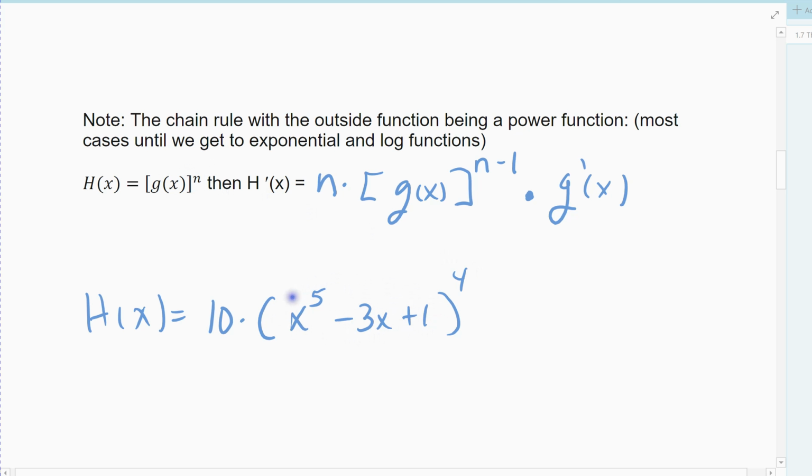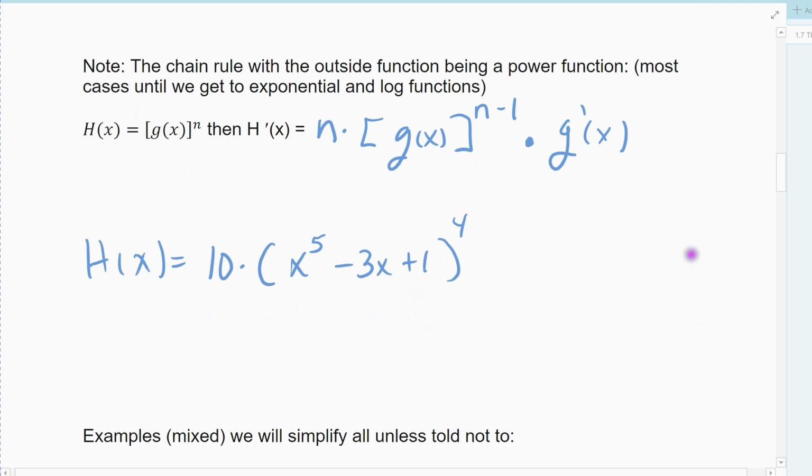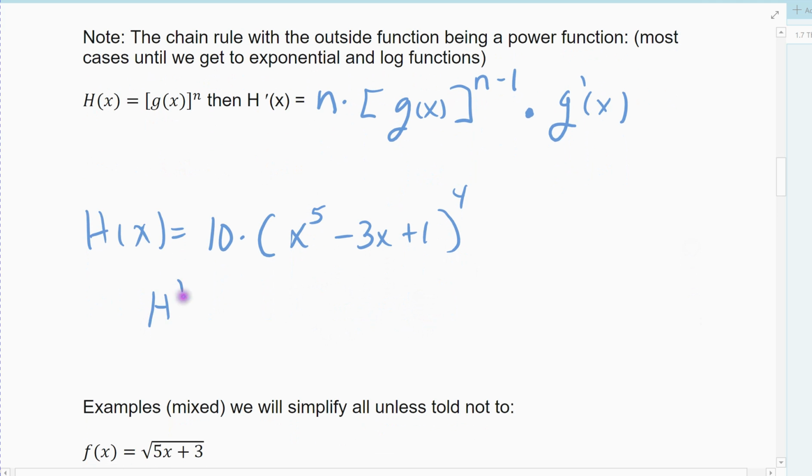That's g of x. So g of x is x to the 5th minus 3x plus 1. When we take the derivative of that, well, 10 is just going to come along. It's a constant multiplier rule. We pull the 4 out front. So 10 times 4, and you could just write 40 times that group written as is. You don't change it. What changes is I get a new power. I get 1 degree less. Instead of raised to the 4th, it's raised to the 3rd.